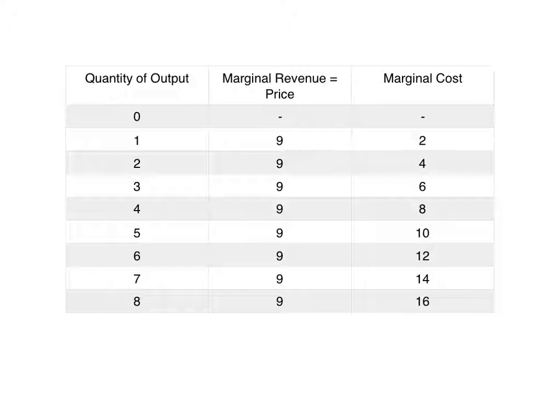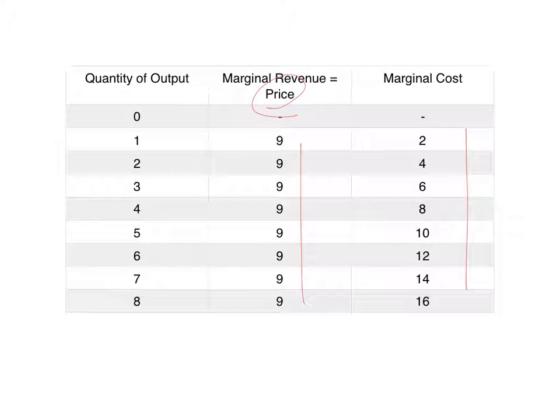A perfectly competitive firm faces a market price equal to 9. Notice that this is constant for any quantity from 0 to 8. The firm can sell their goods at $9. Price equals marginal revenue. And then we have the firm's marginal cost schedule.